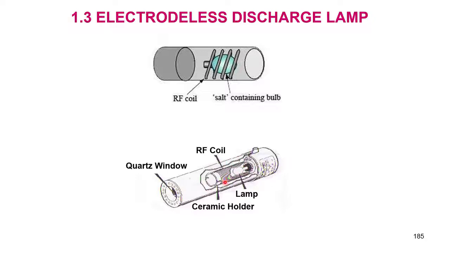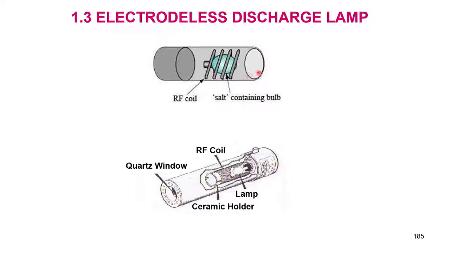Okay. And then here you see there is a small cavity. In this cavity we put the materials which we want to get discharge. You can put any salt, for example. So, this is the salt containing bulb and this is the RF coil, this is the front view.